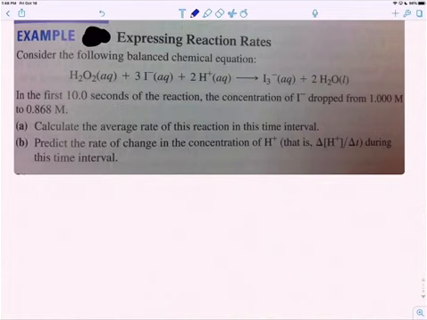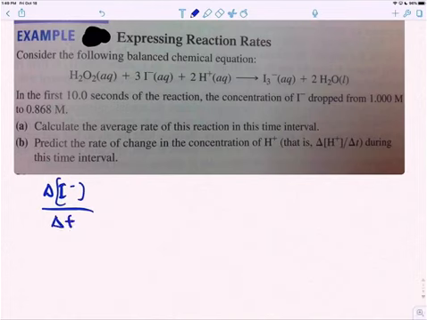To look at this, we have to do the final minus the initial, so the change in I minus concentration over change in time.